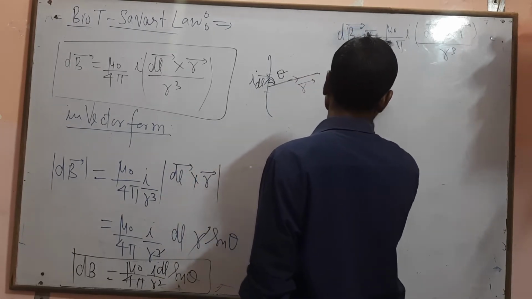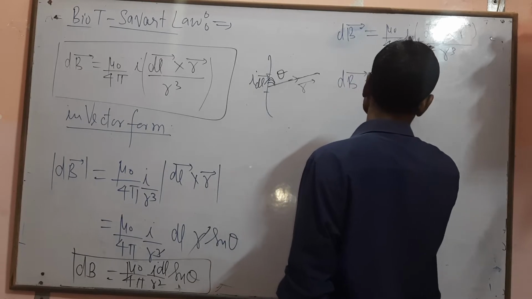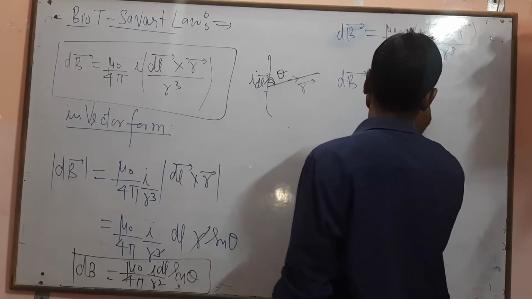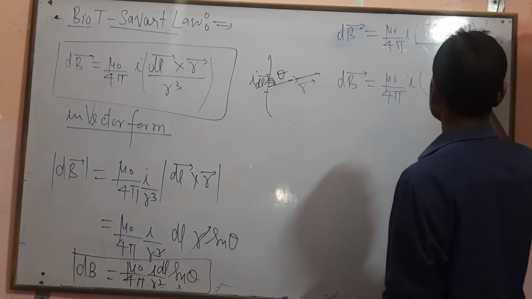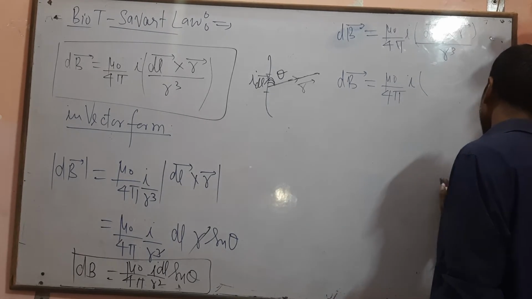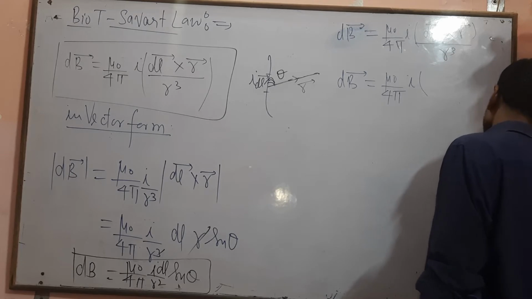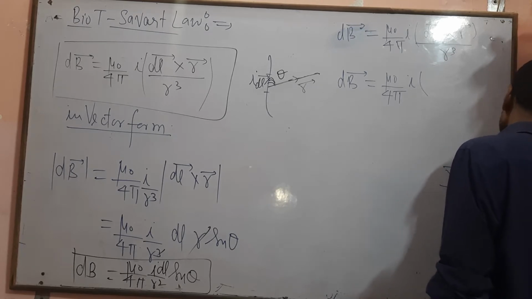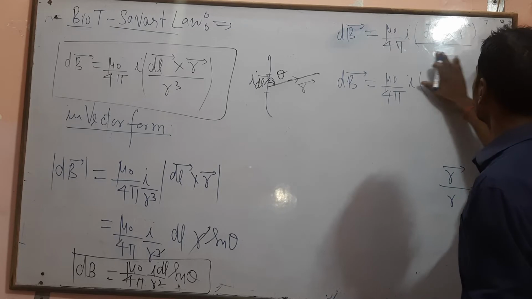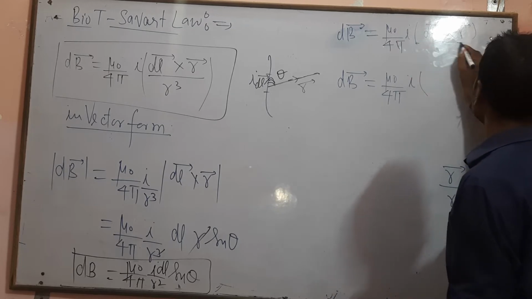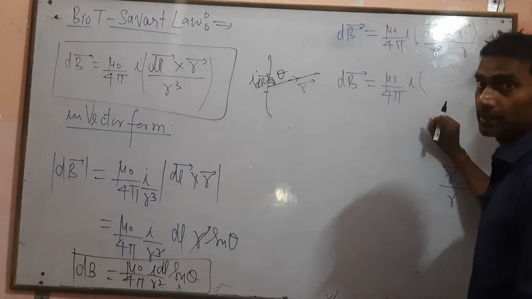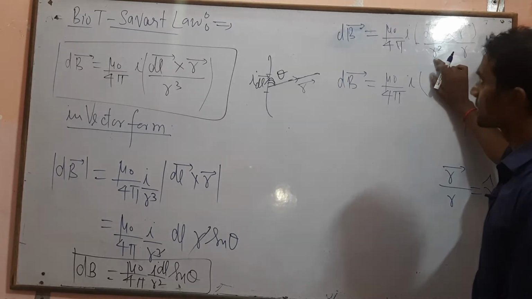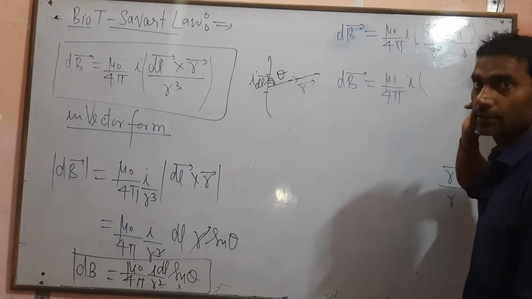Also we can write here mu naught by 4 pi I into dl cross r vector, where r cube is written as r and r square. There is no effect because r is a scalar number and this other is a vector.